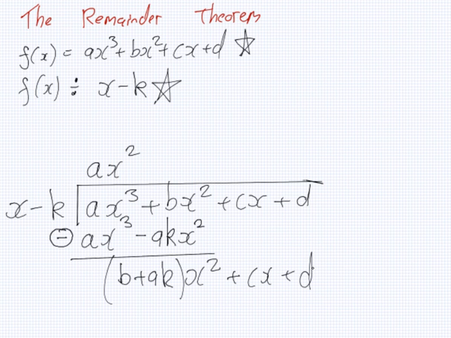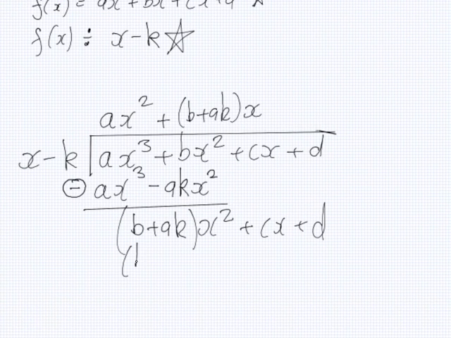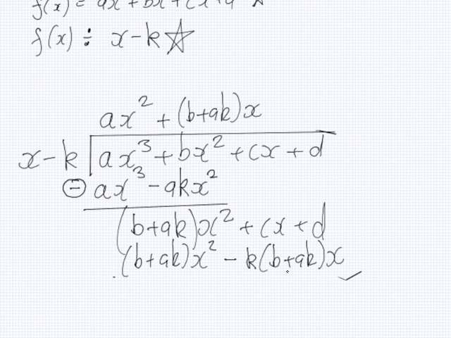Now it's getting a little trickier. So what's the next term up here? (b plus ak) x. Yeah. Okay, so let's do that. (b plus ak) x squared, and then the next one would be minus k times (b plus ak) x. And then now again we minus.